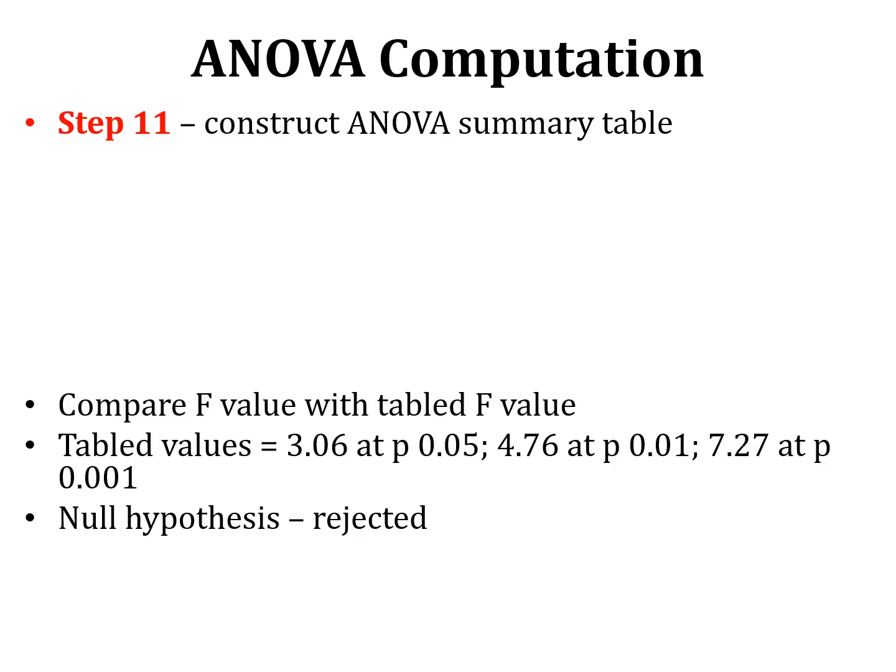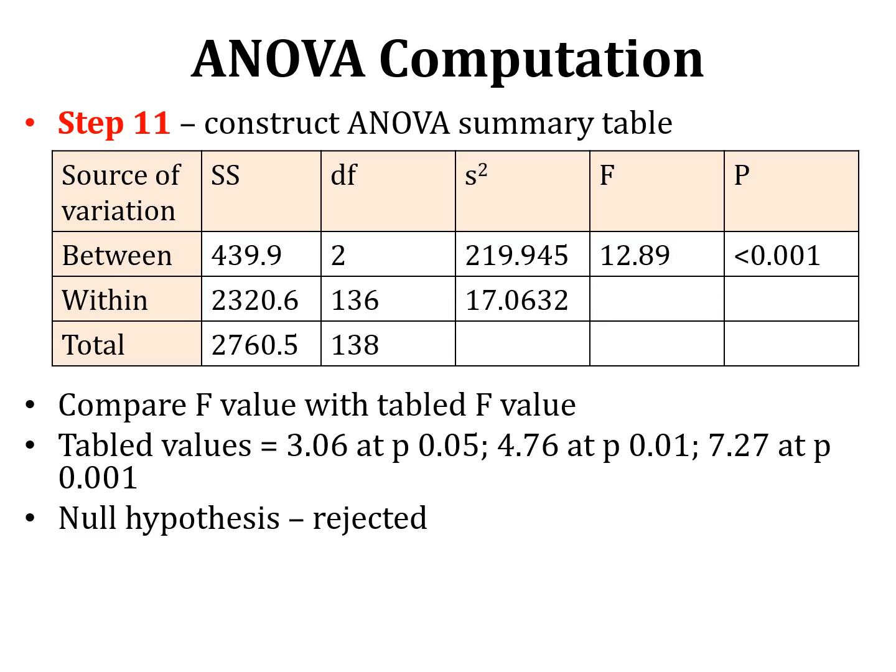Tabled values are 3.06 at probability of 0.05, 4.76 at probability of 0.01, and 7.27 at probability of 0.001. And remember, our calculated value is 12.89, which is greater than the table value at probability 0.05, which is 3.06.